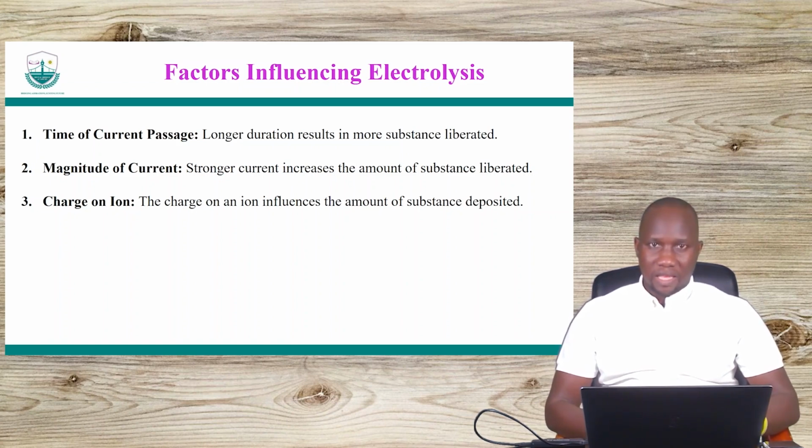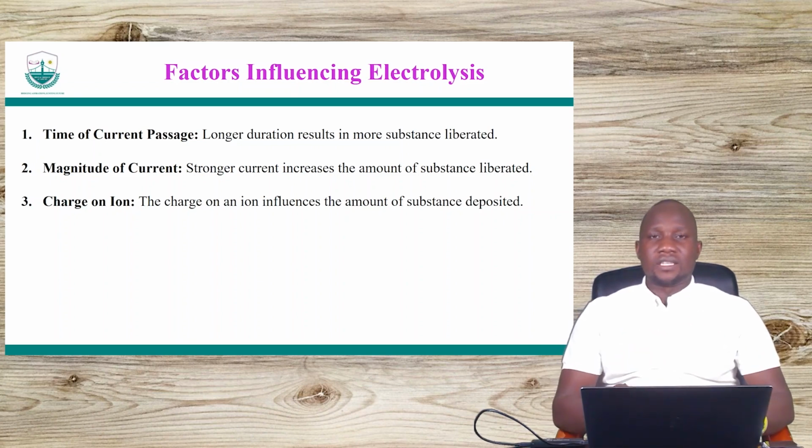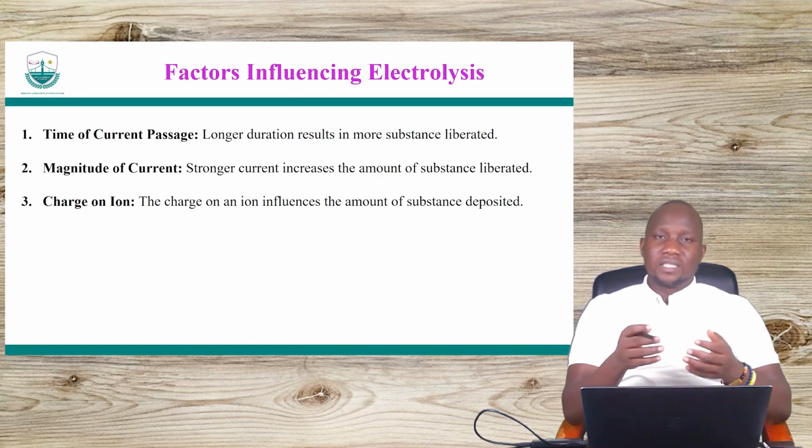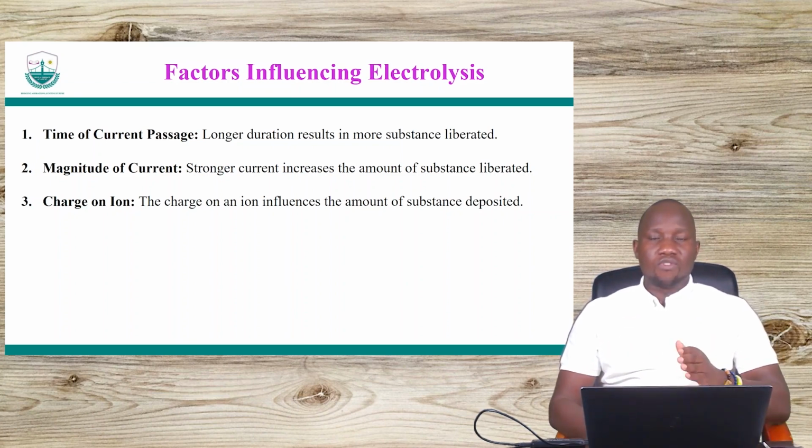And then the last thing that we can talk about here is the charge on the ions that are part of the electrolyte. The electrolyte has these ions which are free in the electrolyte. That is, they move freely.